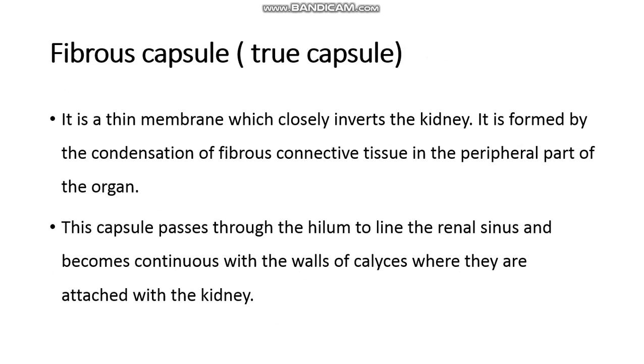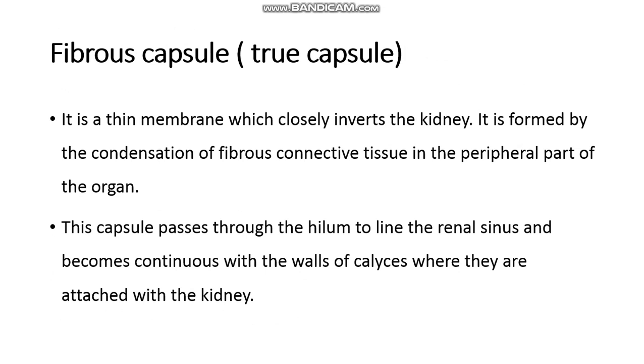First, we can discuss in detail the fibrous capsule or true capsule. It is a thin membrane which closely involves the kidney, and that thin membrane is formed by the condensation of fibrous connective tissue in the peripheral part of the organ. So the fibrous capsule is formed due to the condensation of fibrous connective tissue in the peripheral part of the kidney.